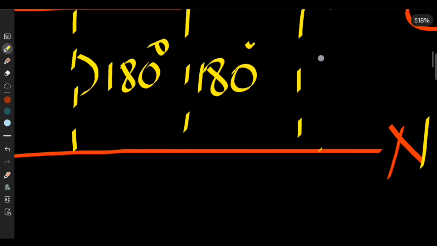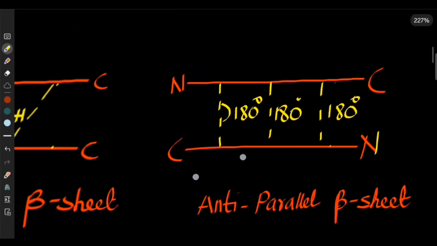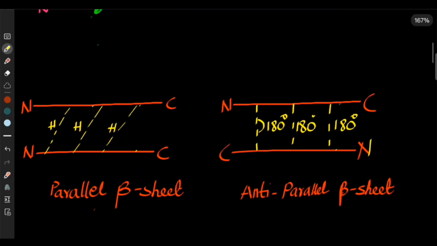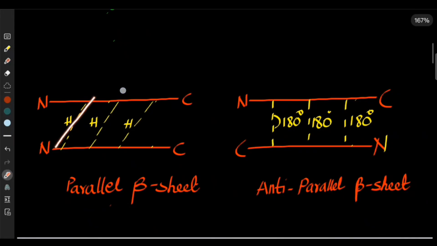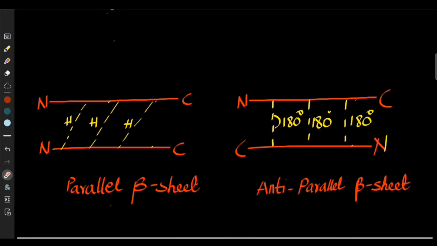This is also 180, this is also 180, right? So when we compare the parallel beta sheet and the anti-parallel beta sheet, there is a difference in the hydrogen bond formation. Out here the hydrogen bond is slightly inclined, it doesn't have 180 degrees. Out here it is straight, so it has 180 degrees.